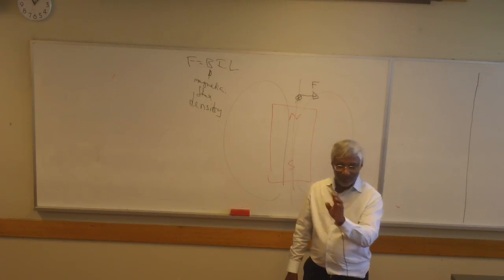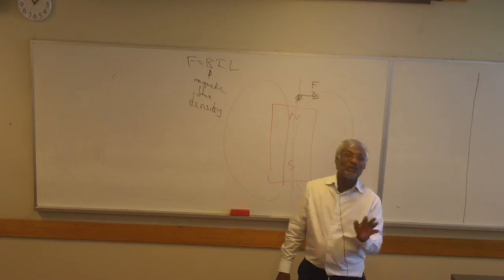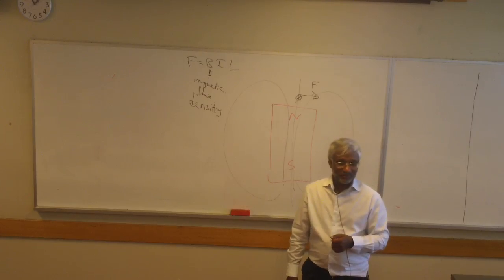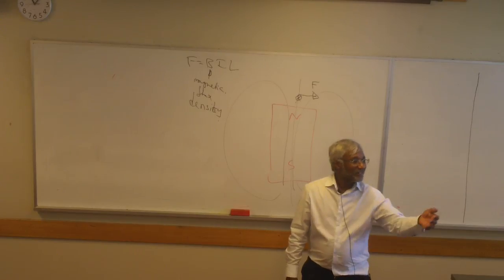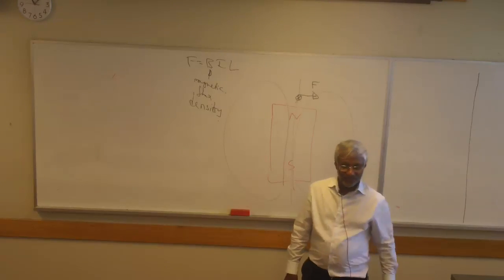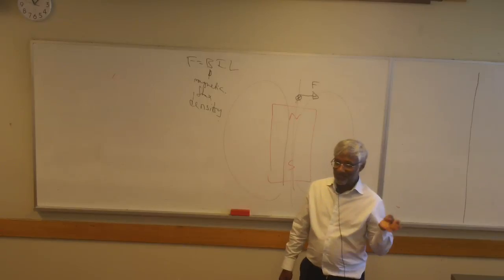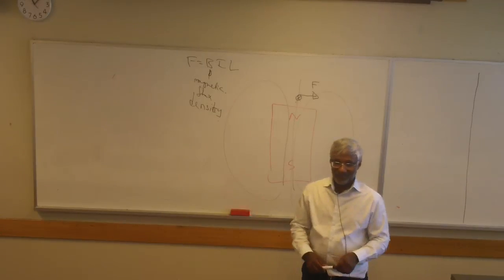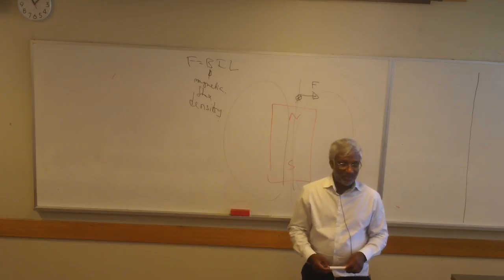I told you when I did this, I told you there are two types of fields. What were the two types of fields? Scalar field and vector field. Now, when I do the multiplication, flux density times area, it's not going to be a scalar multiplication. What sort of multiplication would it be?